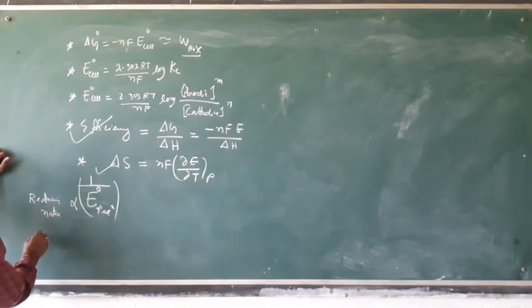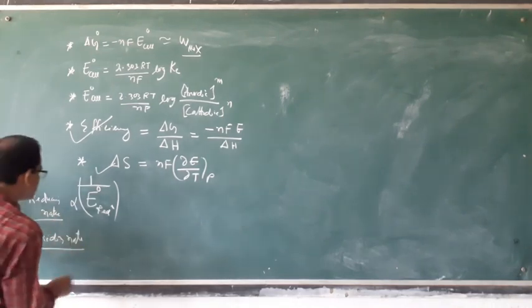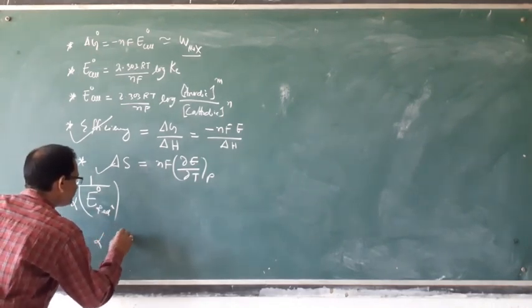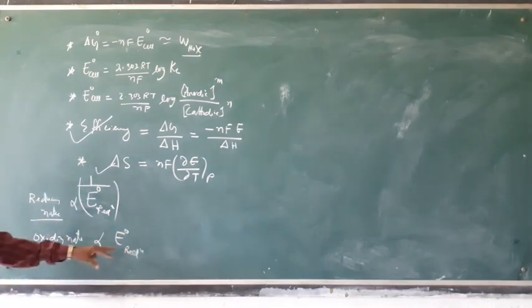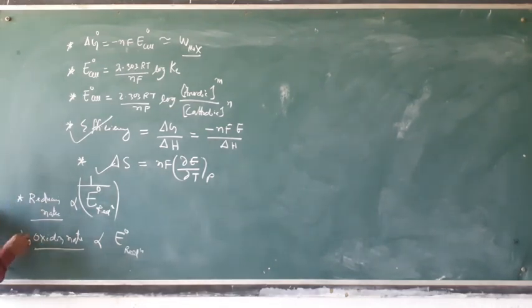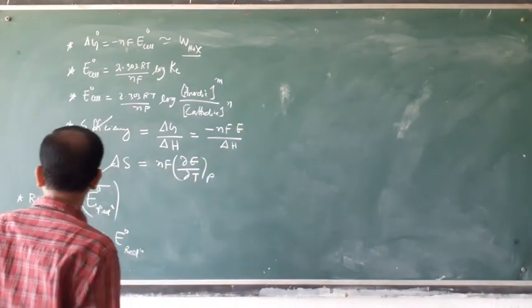And oxidizing nature is proportional to E naught. If reduction potential is high, oxidizing character will be high. This is also an important relation that can be known from the electrochemical series.